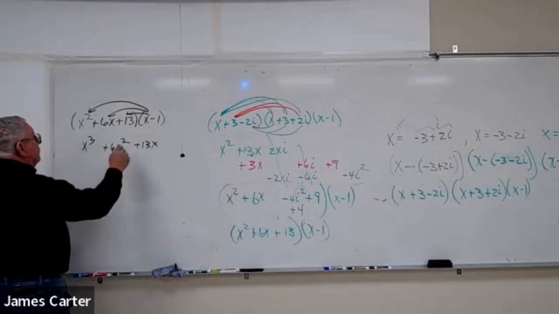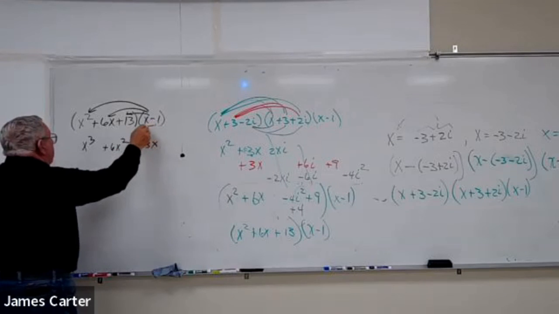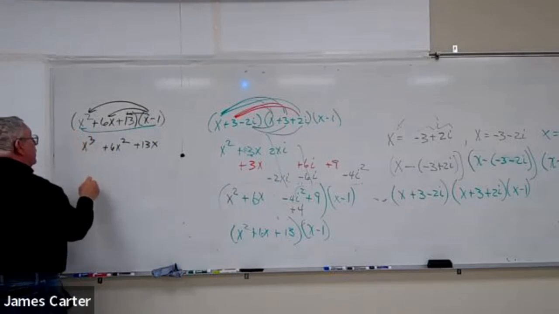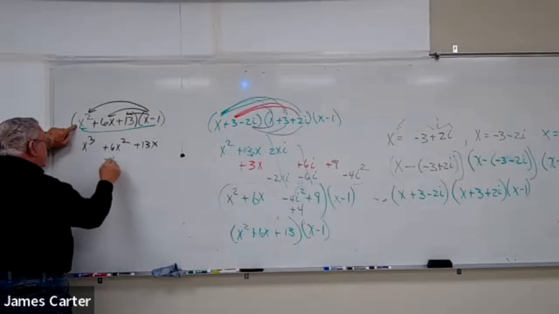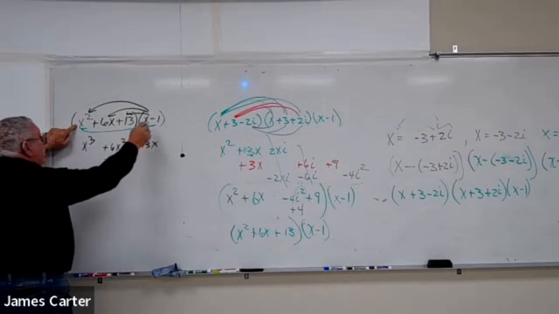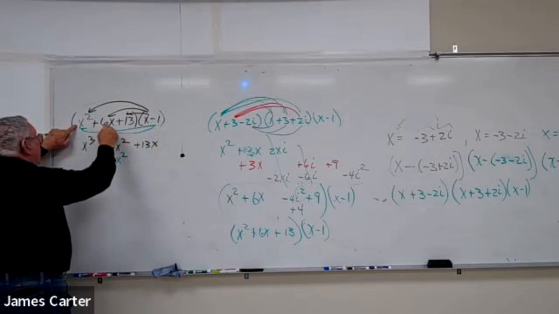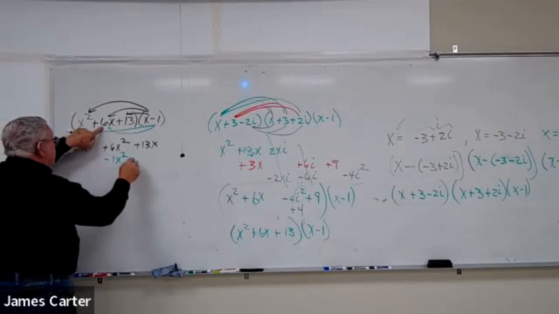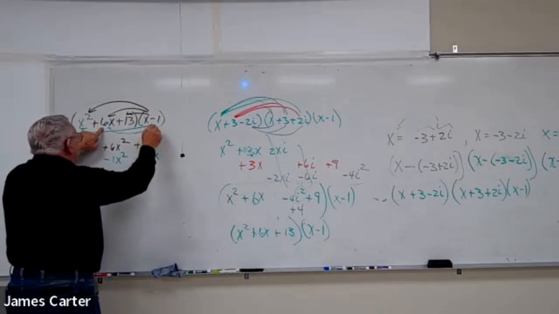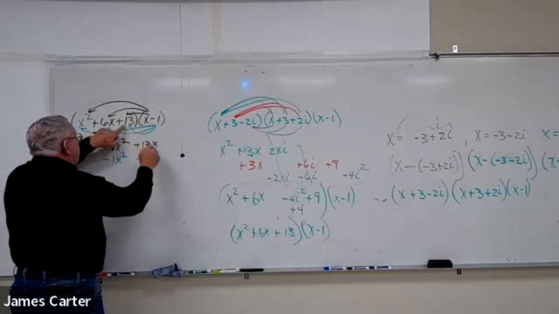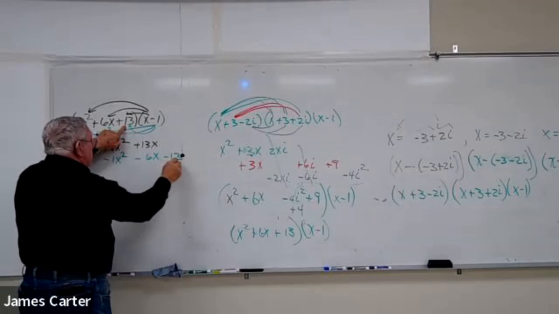Now then I'm going to distribute this negative 1 here, and I get negative 1x squared. Here, and I get negative 6x. Here, and I get negative 13.